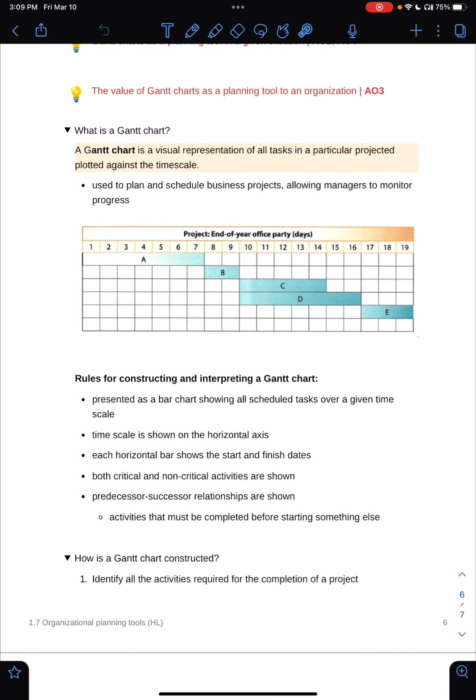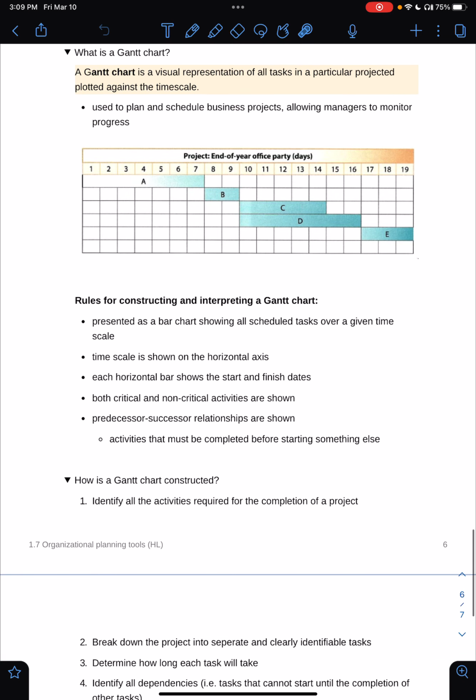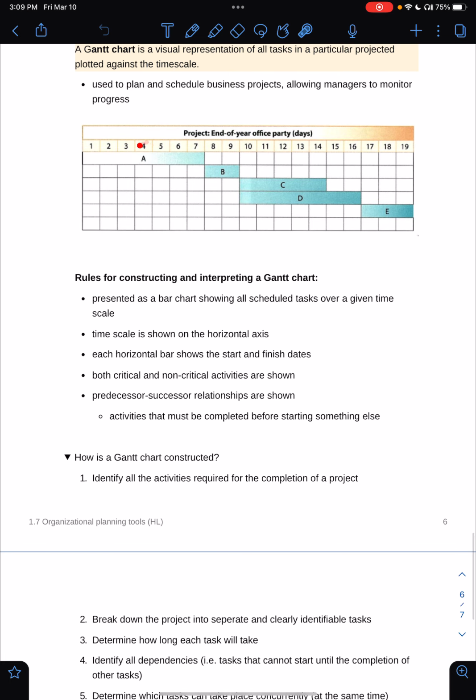So when we look at this example here, we can see that in order for task B to start, task A must be finished, because only after day 7, when task A is completed, can task B be started.